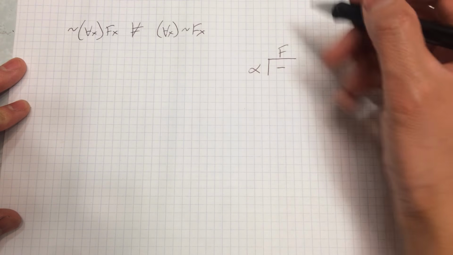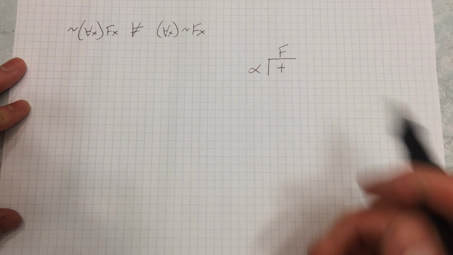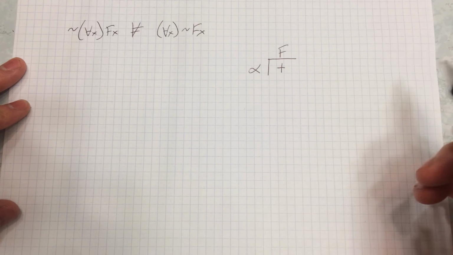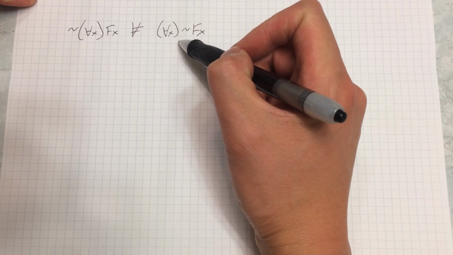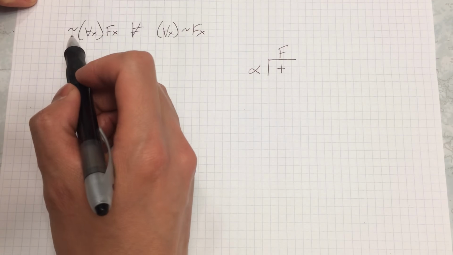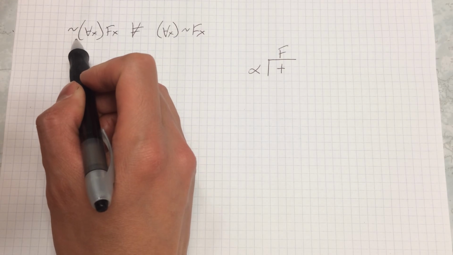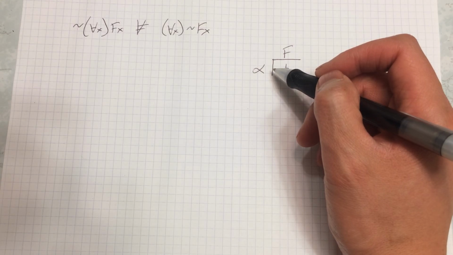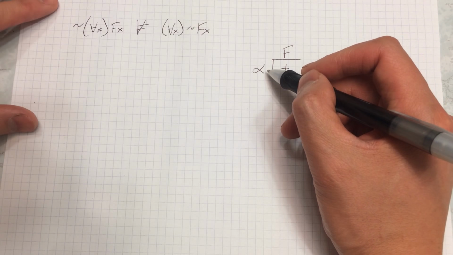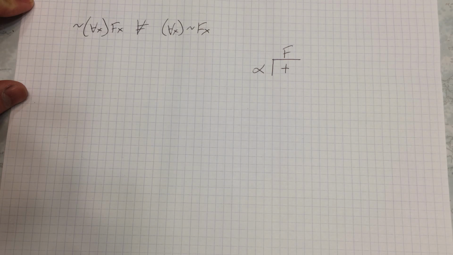And so to make this false, we'd have to change the alpha into positive for f. This way alpha is f, and so the conclusion is false. However, the premise says that not everything is f, but here everything is f, so the premise is false as well. Changing the alpha back to negative for f will switch the truth values.